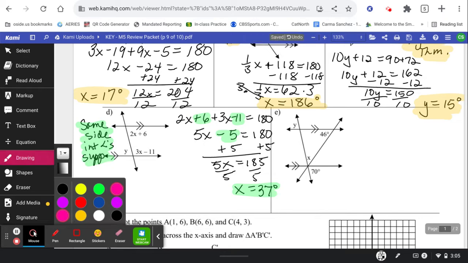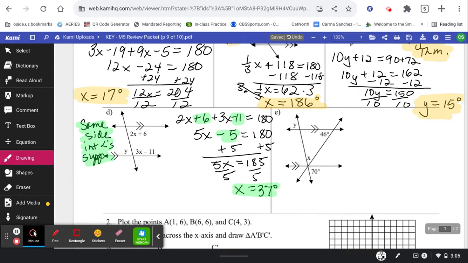Okay, let's go do the next one. Now that I know that x is 37, I can say 3 times 37 minus 11. So 3 times 37 is 111 minus 11 is just going to be 100. So this whole angle right here is 100, and I'm trying to find the linear pair y.